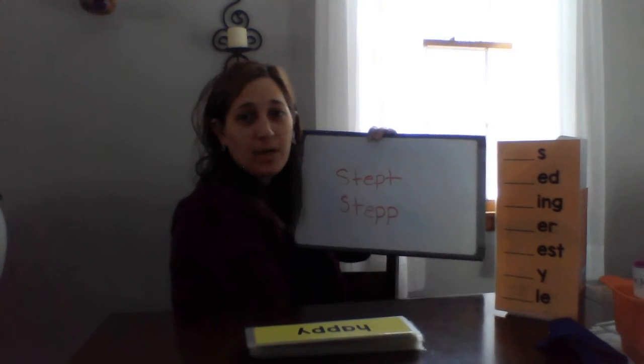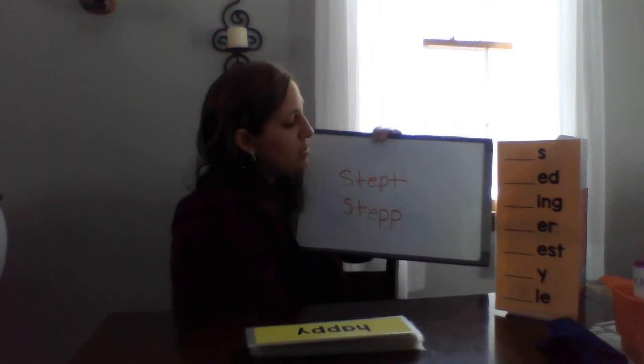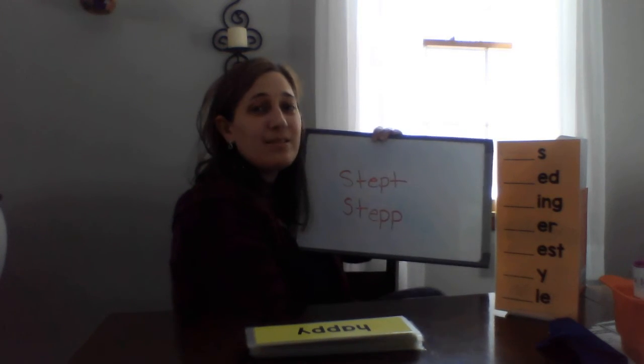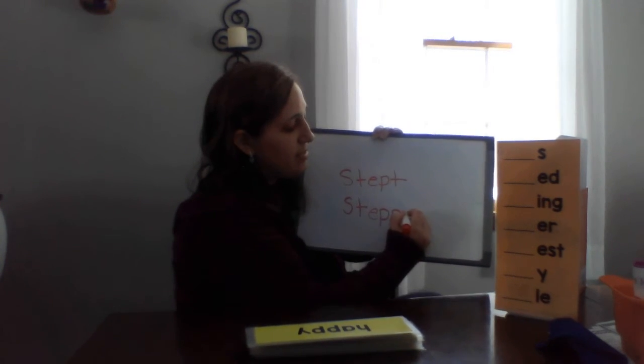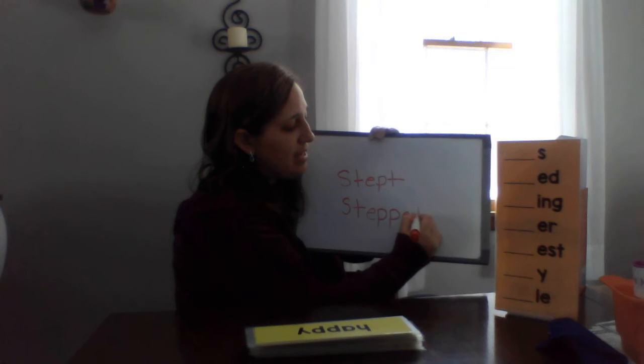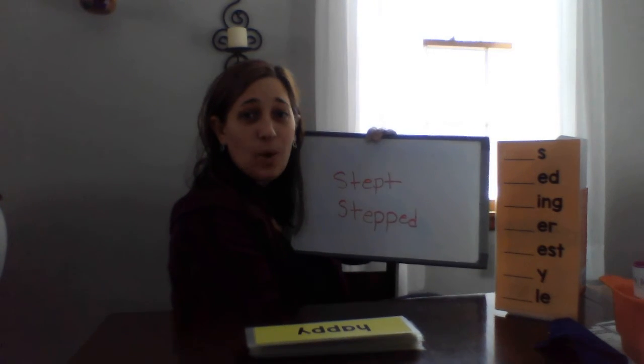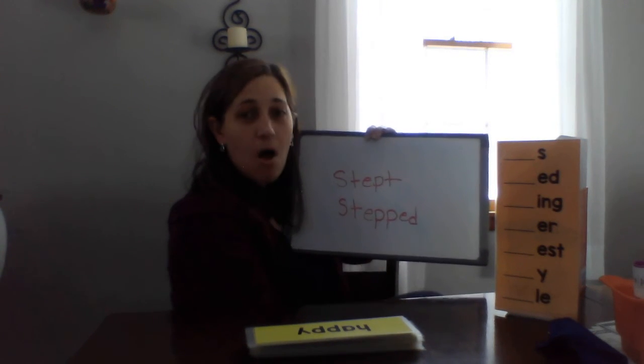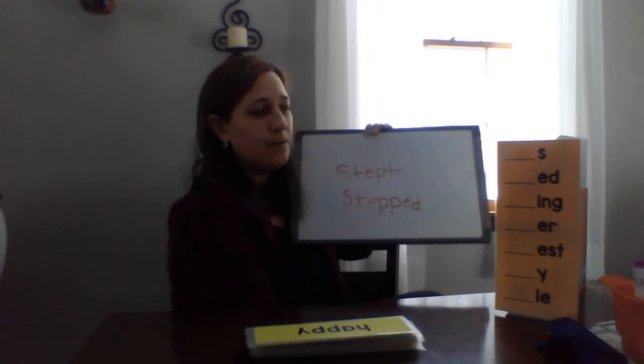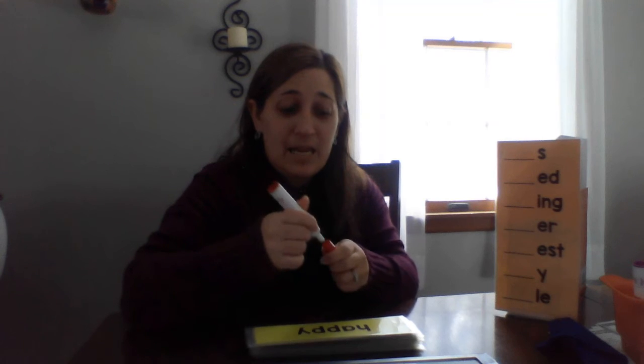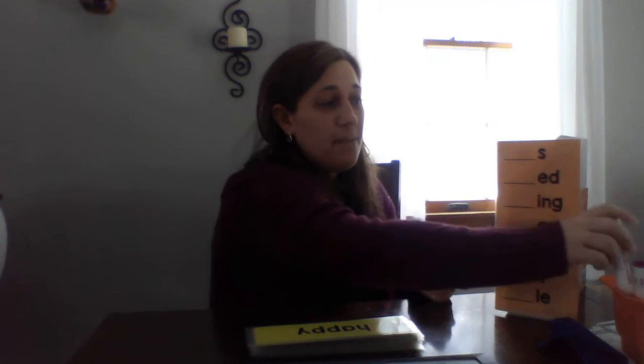And then we're working on those ending sounds. So this is one that makes that t sound, but instead it's actually the ED. So, I stepped on the bug. And that's just one example of that ED ending where it makes the t sound.